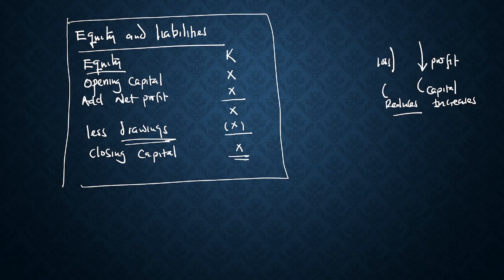So that drawing is going to reduce your capital because it will come on your balance sheet under equity and liabilities, to be specific, in the equity section. Imagine you have a shop.